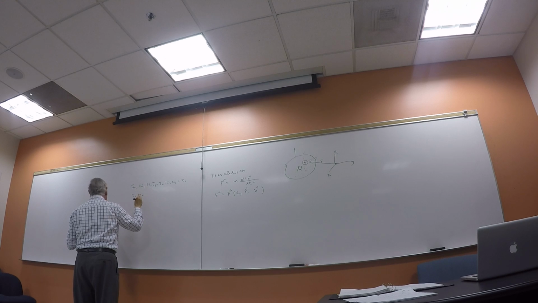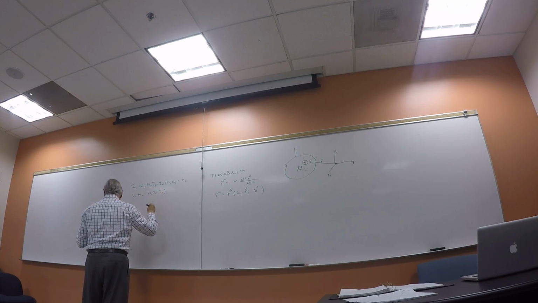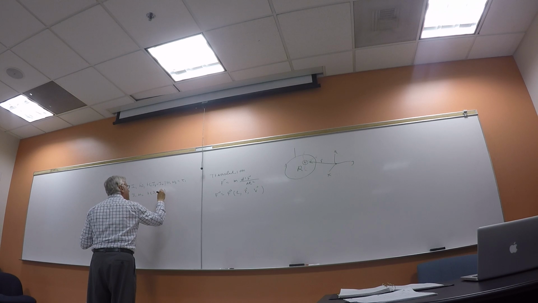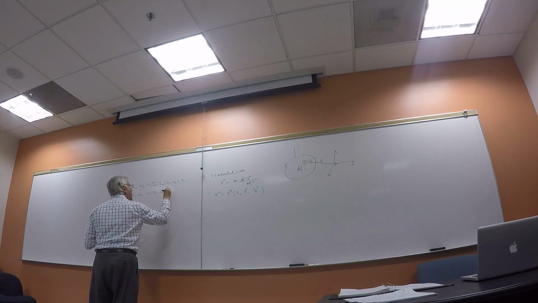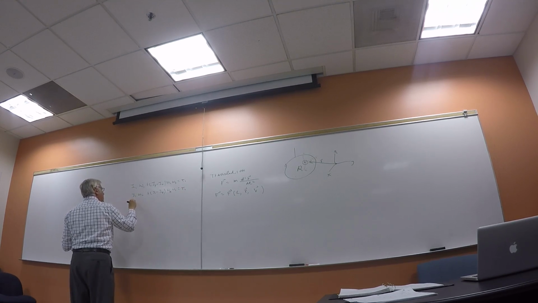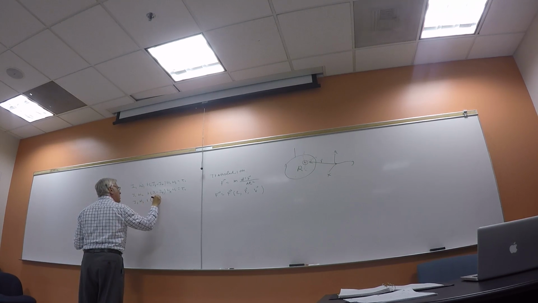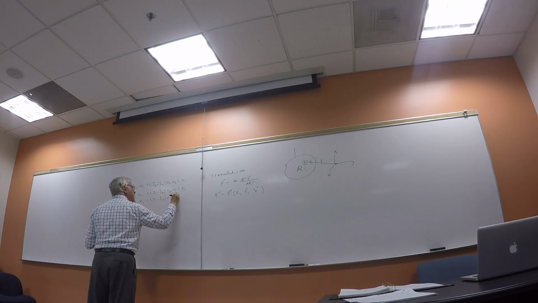I2 omega 2 dot plus the inertia difference I1 minus I3, in this case, omega 3 omega 1 is equal to tau 2. Finally, the third equation, this is 3 degrees of freedom, right? I3 omega 3 dot plus I2 minus I1 omega 1 omega 2 equals tau 3.